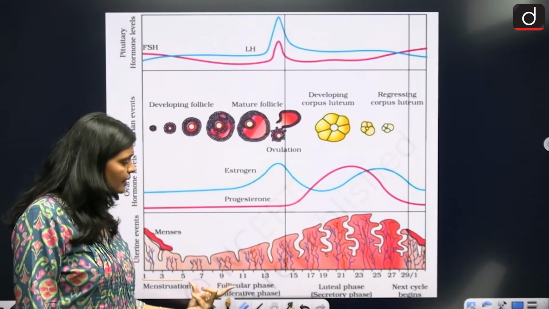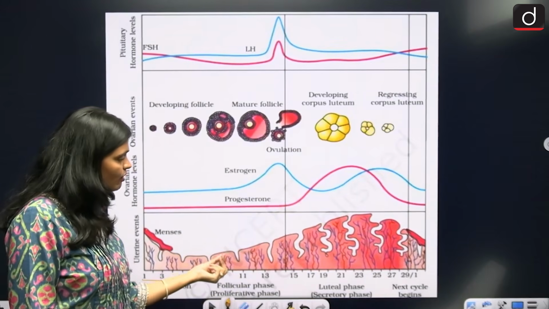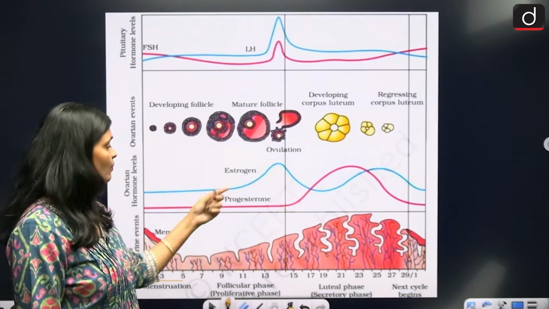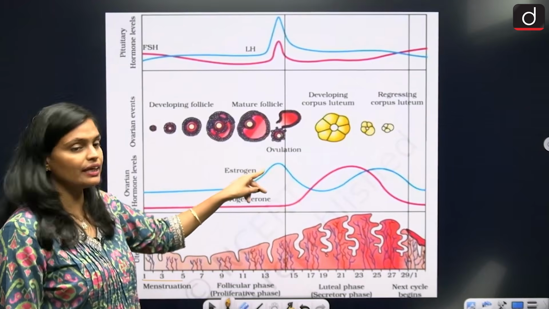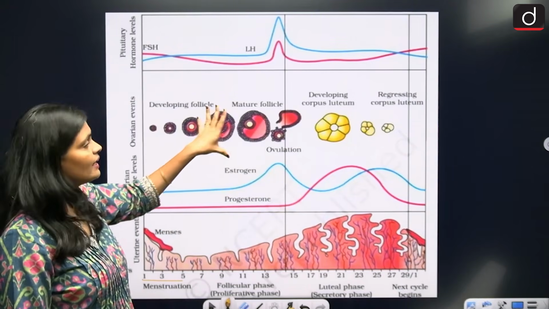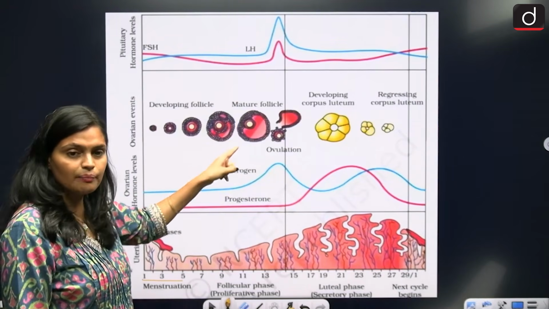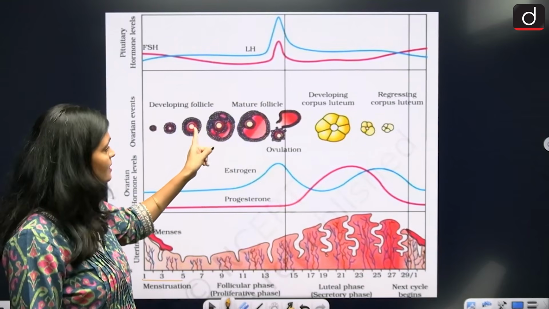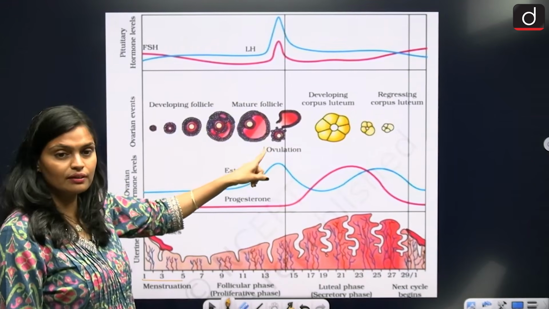From 5 to 13 days, the endometrium wall again starts forming. Estrogen and progesterone again increase, and the development of follicles again increases. See, primary, secondary, tertiary follicles develop.